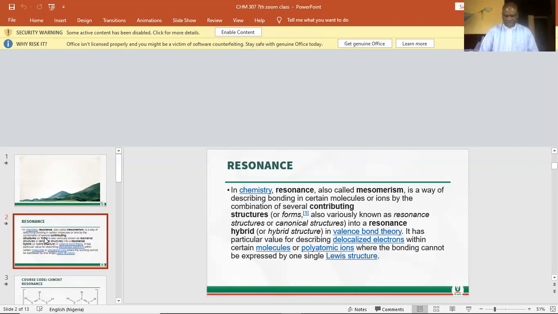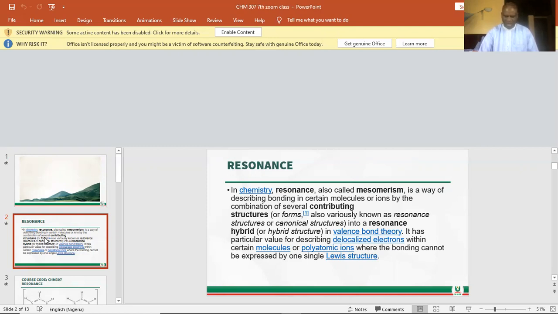Instead of resonance, delocalization is used nowadays.